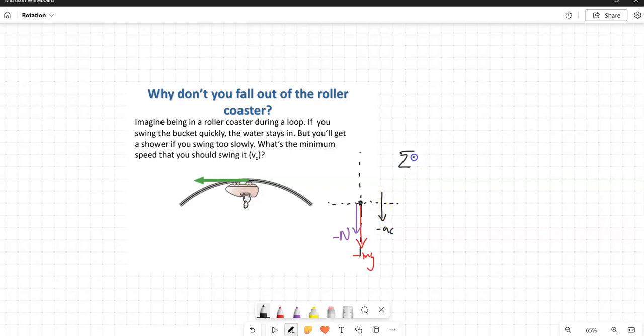So when you sum your forces in the y direction, you're going to have negative n minus mg equals negative mv squared divided by r. So multiplying through by a negative, you get this.